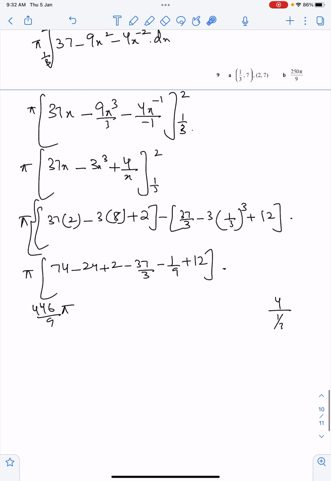The minor mistake which I had made here was negative into negative is going to become a positive. So this is going to be a positive sign and this will be a negative sign. So let me just quickly solve it now. 74 minus 24 plus 2 minus 37 upon 3 plus 1 upon 9 minus 12.